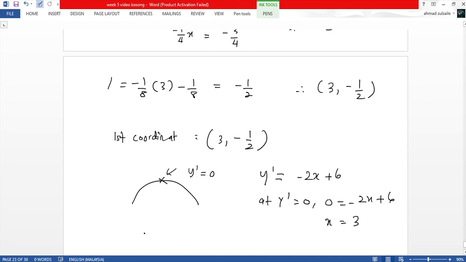How about y? So substitute back lah into the original equation here. At x equal to 3, y of 3 equal to negative 3 squared plus 6 times 3 plus 7. So equal to 16.